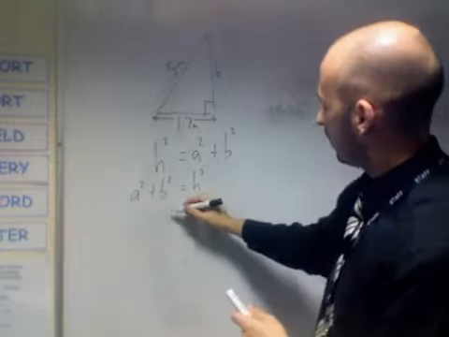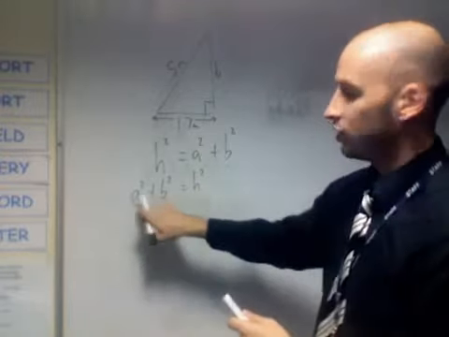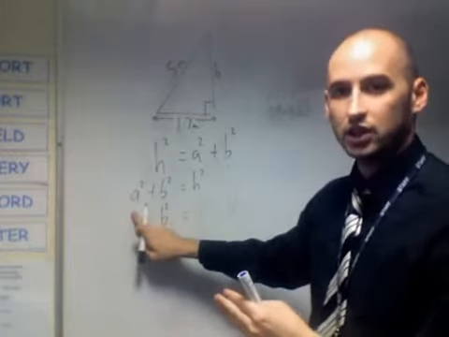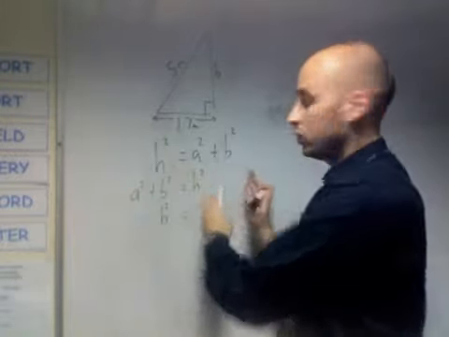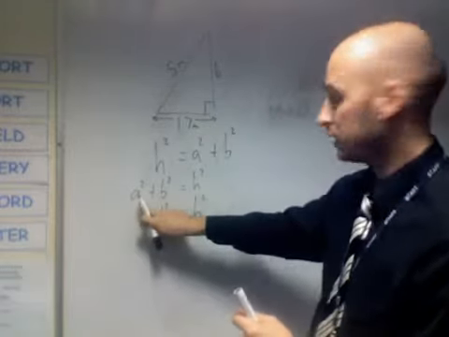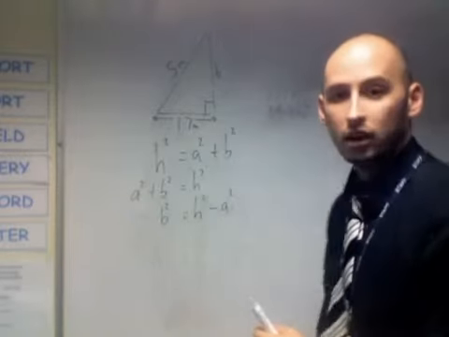Now, if I want to get b squared on its own, I could take away an a squared from that side. But like we learnt last week with the teddies in the kitchen, whatever you do to one side, you've got to do to the other side. So if I take a squared off that side, I've also got to take a squared off the other side.